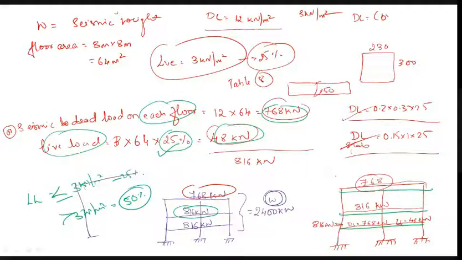Why will we not consider the live load on the roof? For example, suppose there is a staircase, and an earthquake happens in your building. All the persons will come out of the building.